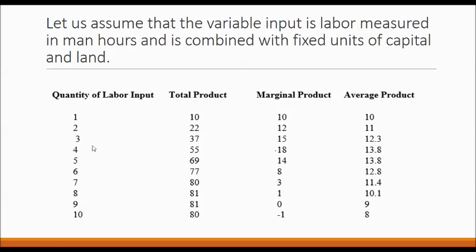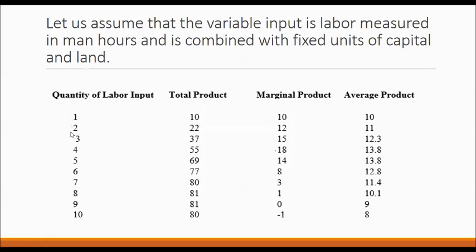So the quantitative labor includes the number of hours that the man may work plus the fixed units of the capital, which can be based on the capacity of the machine, plus the availability of the area of the factory or the land, and also the accessibility of their factory, which is also considered as fixed.